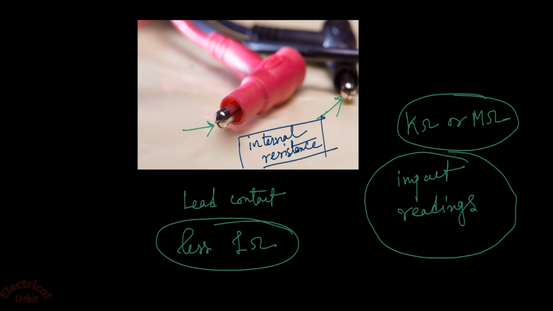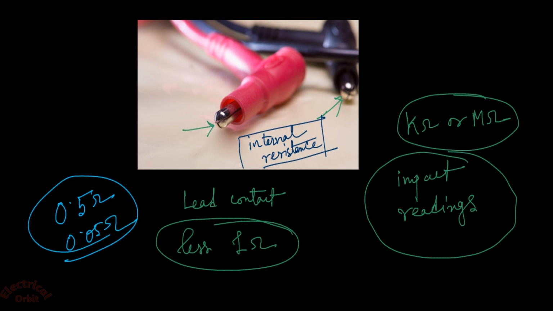Why? Because if these lead contacts have a very small amount of resistance, that is 0.5 ohm or even 0.05 ohm, then this increases the value of your measured resistance by 5% to 50%.